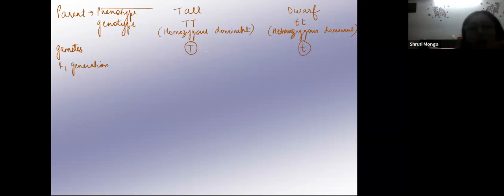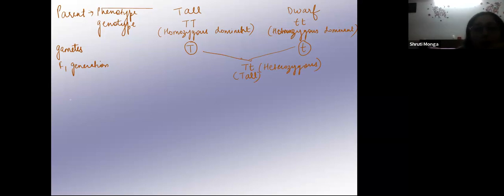All the F1 generation plants would be capital T, small t, and this condition is heterozygous, because it has one capital and one small. And the phenotype is tall. All plants tall in F1 generation.